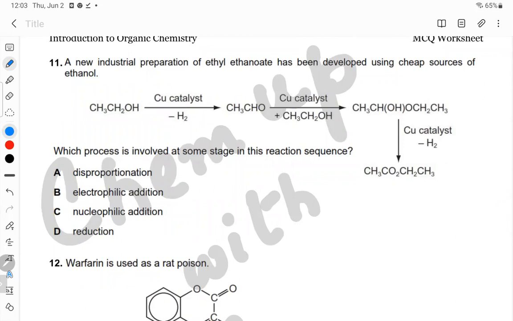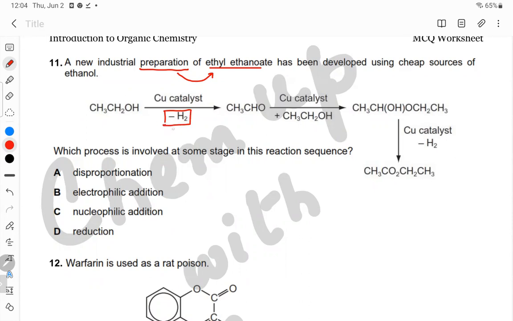Okay. Now, question number 11. A new industrial preparation of ethyl ethanoate has been developed using a cheap source of ethanol. Which process is involved at some stage in this reaction sequence? So out of these 4, in the first stage you will observe that there is a removal of 2 hydrogens.